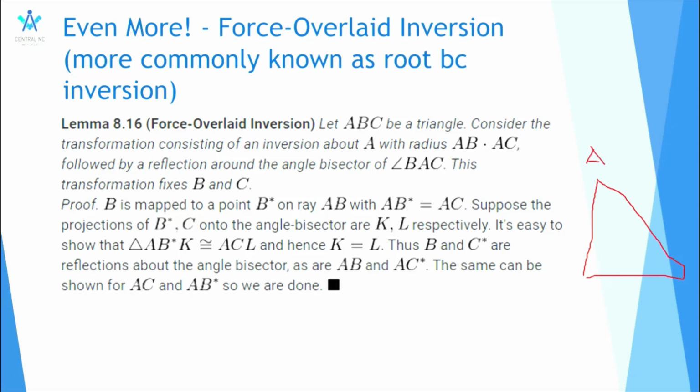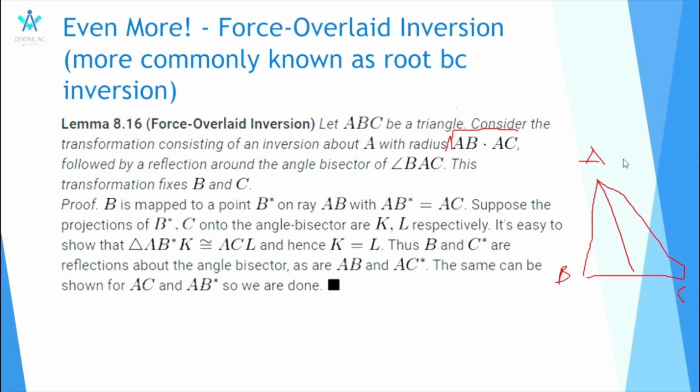A, B, C. We'll draw our angle bisector. Alright, so radius, actually it should be square root of AB times AC. Don't worry about that. So square root of AB times AC.